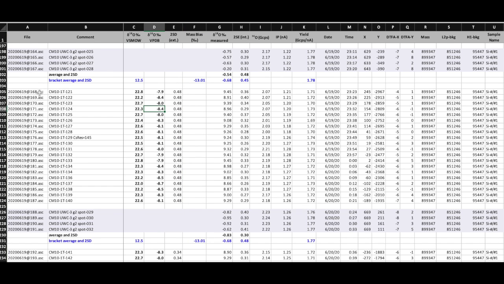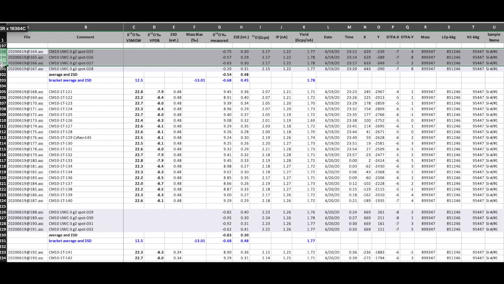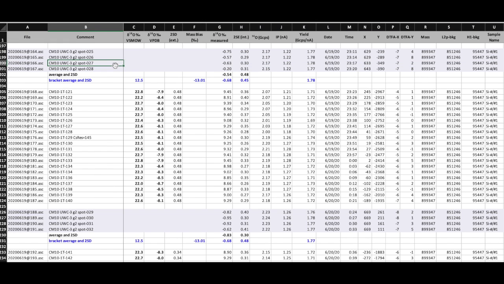And I will just note that for every 20 measurements that we make within our sample, we have to make 8 standard measurements. So in blue here, above and below this sample bracket, you're seeing the measurements of the oxygen isotope values in a calcite grain of known value.